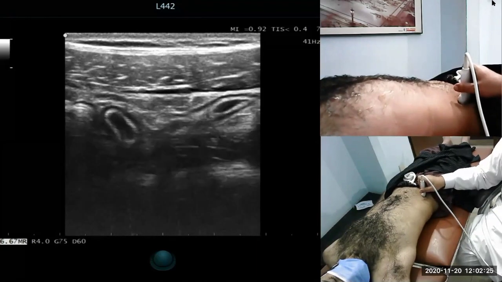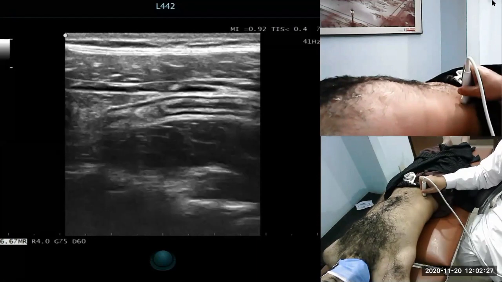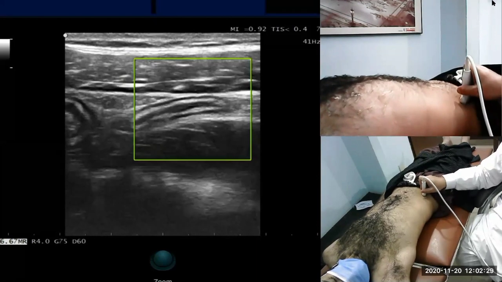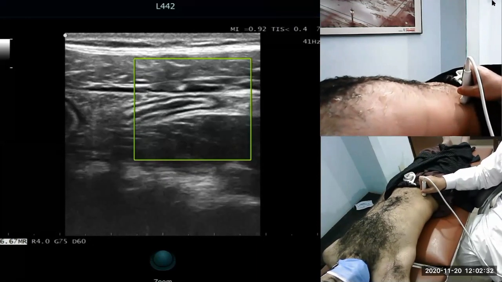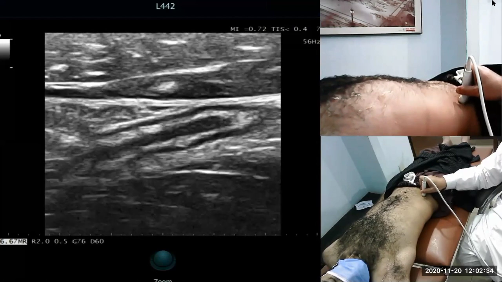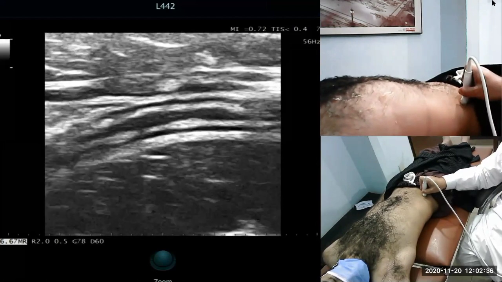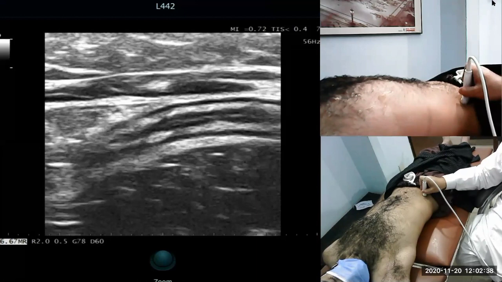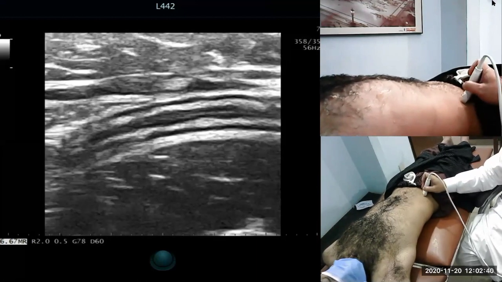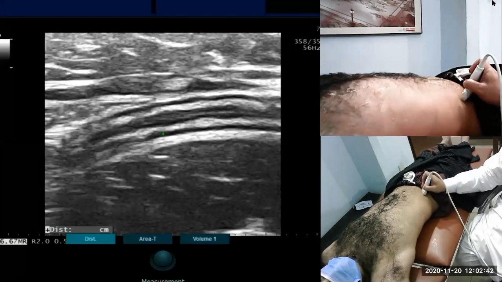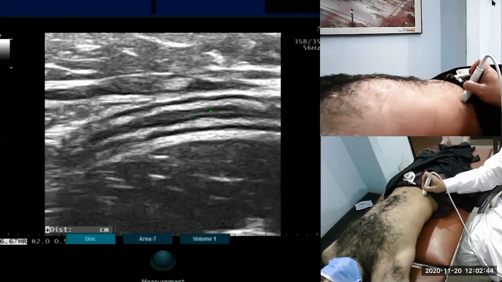I can make it bigger for you so that you can see the luminal line. There you see the white luminal line of the appendix. So the lumen is empty.